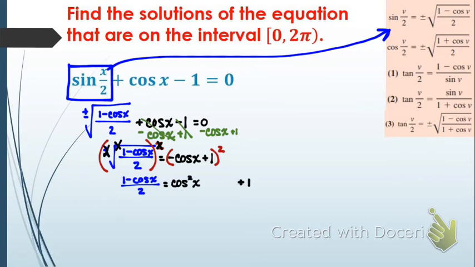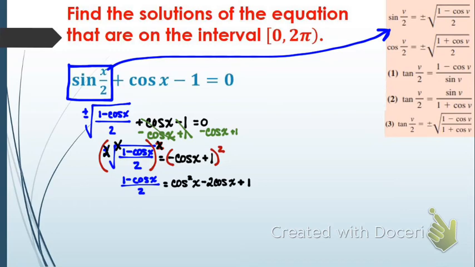Don't forget your middle term. When we square a binomial, you square the first one, yes. You square the last one, yes. Multiply your two terms together and double it. Yep. Minus 2 cosine x. Because if I were to write out negative cosine x plus 1 times another negative cosine x plus 1 and double distribute, I'm going to end up with negative cos x minus cos x.